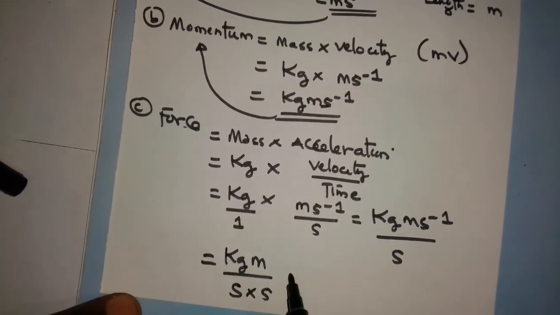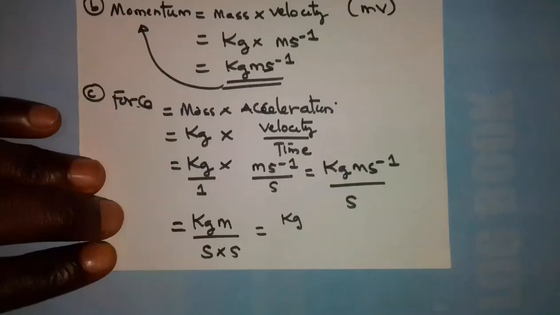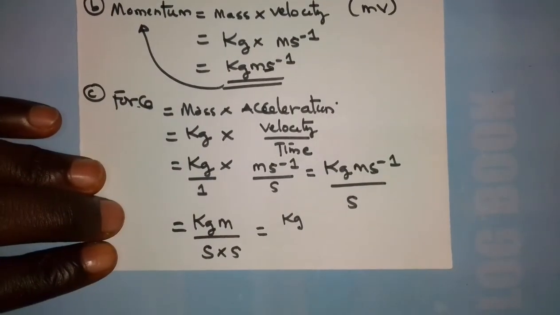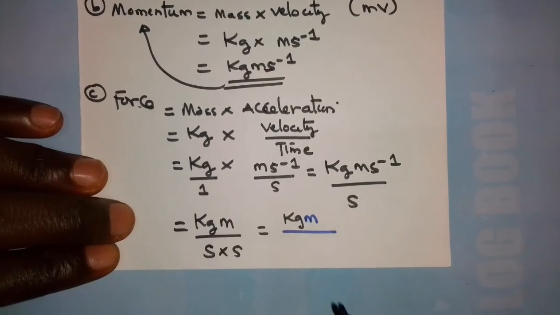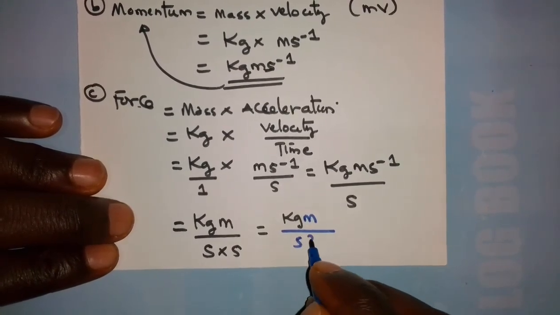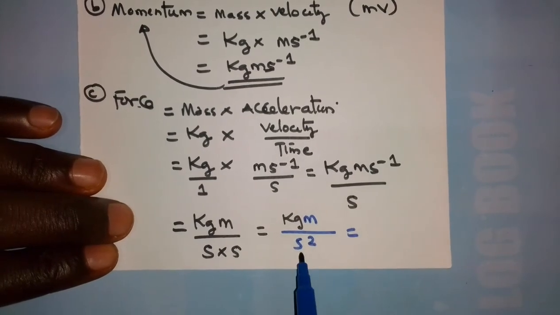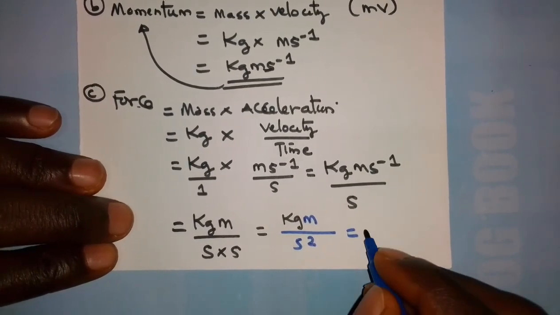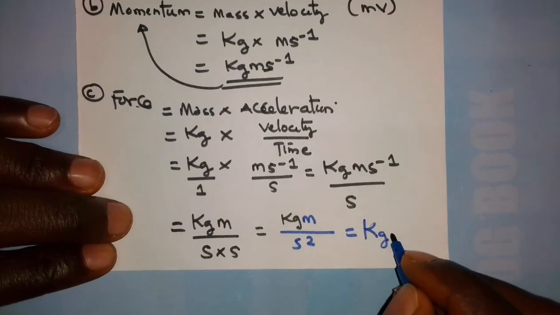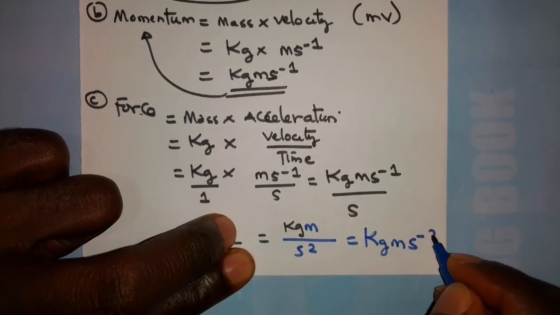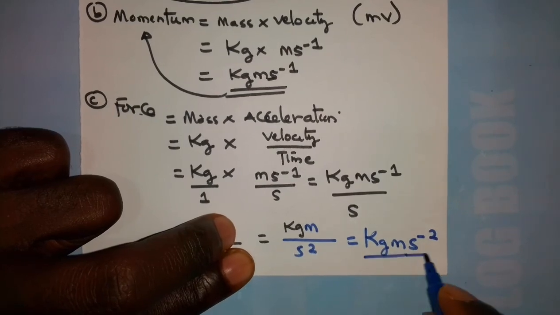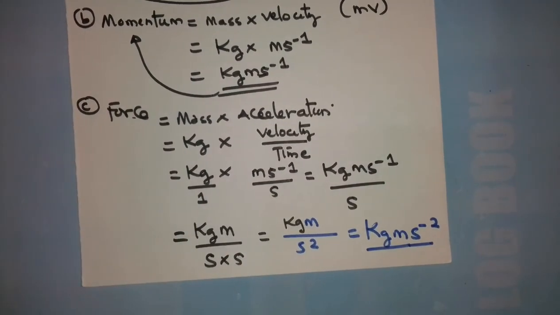Then you have s times s, so this now becomes s squared. So if I were to bring this s squared to this side, we would have it raised to the power of -2. So this becomes the SI unit for force.